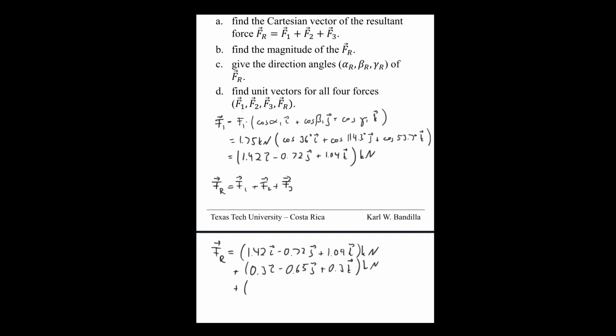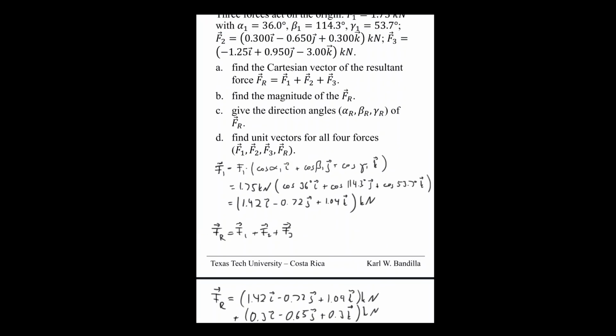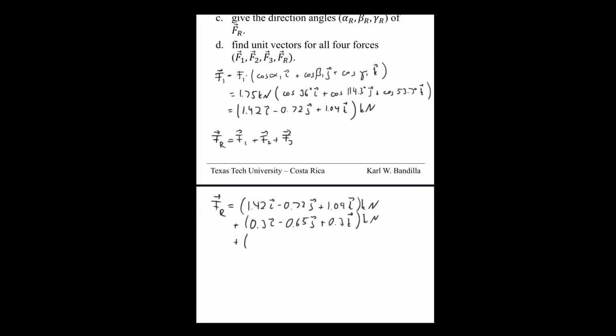Plus F3: minus 1.25i plus 0.95j minus 3k kilonewton.